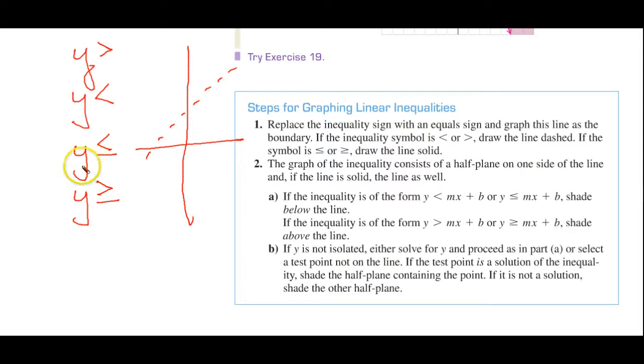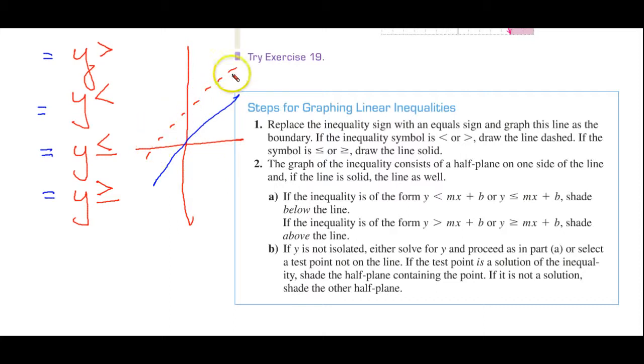Now, when you have y is less than or equal to or greater than or equal to, if y were equal to something, it would be a solid line, because they're saying that all the points along this solid line are included in the set of the answer region, the shaded region.